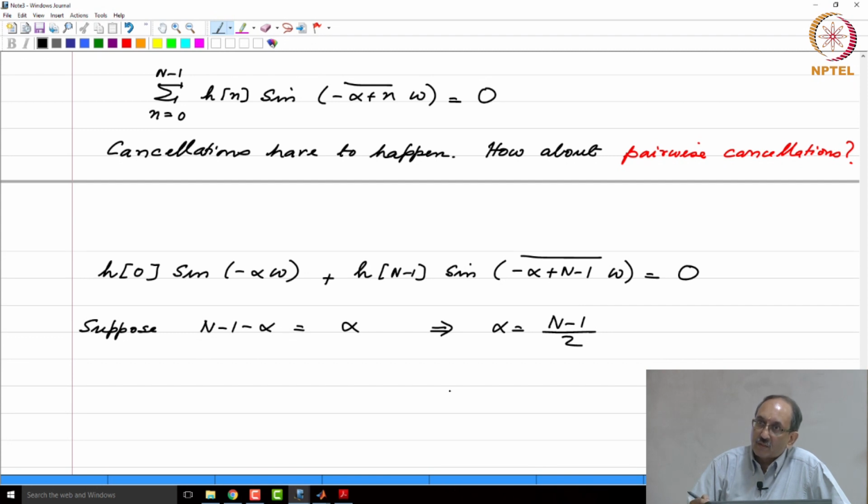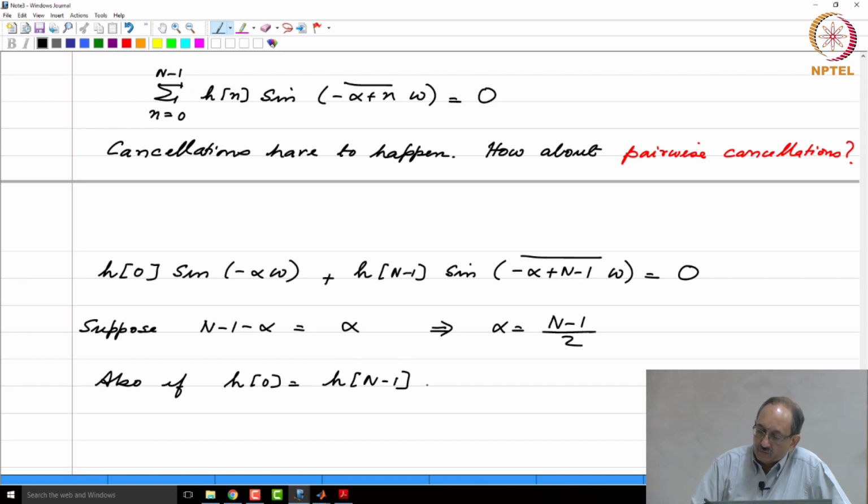If they have to cancel, you also need h of 0 to be the same as h of N minus 1, then these two terms will cancel because the coefficients are the same and the arguments to the sine are equal and opposite angles.